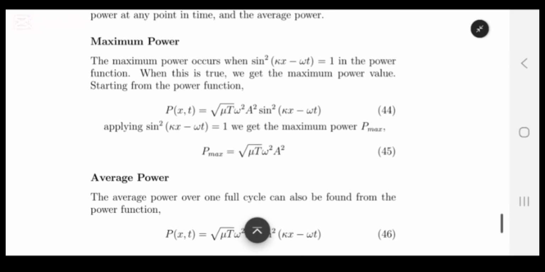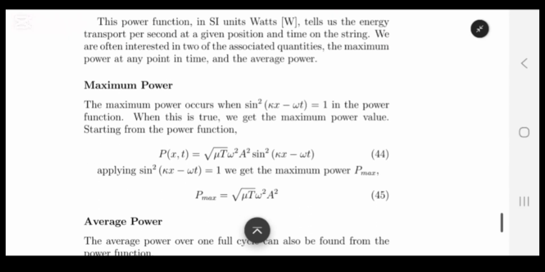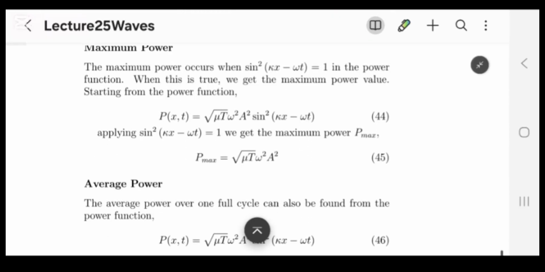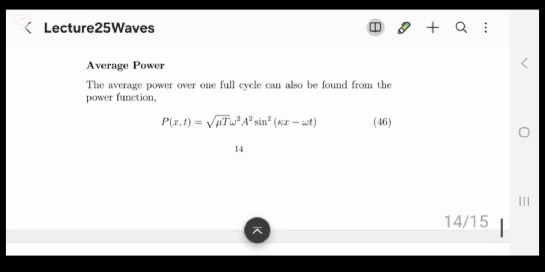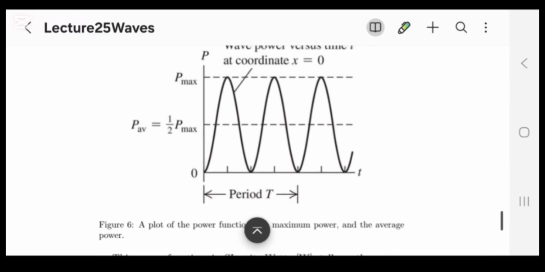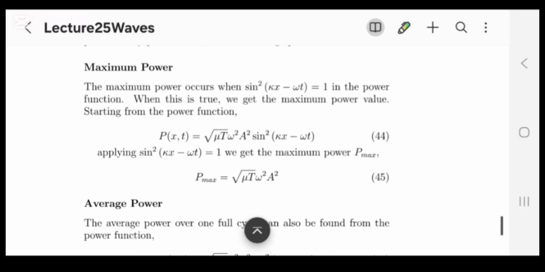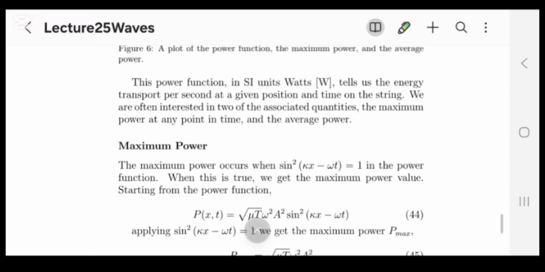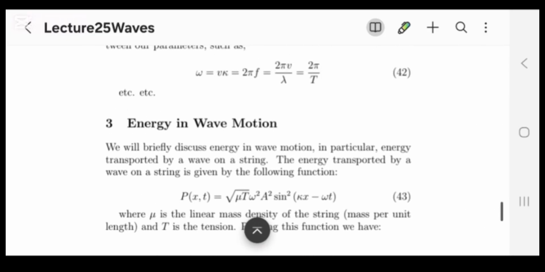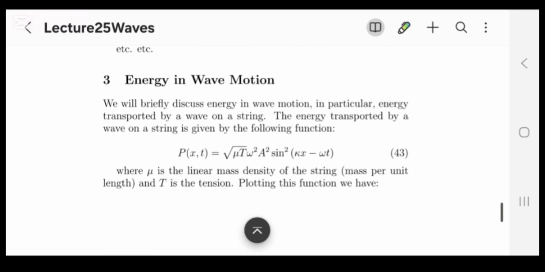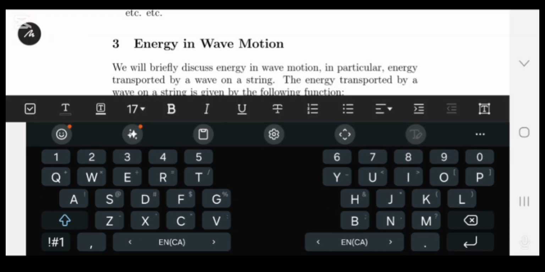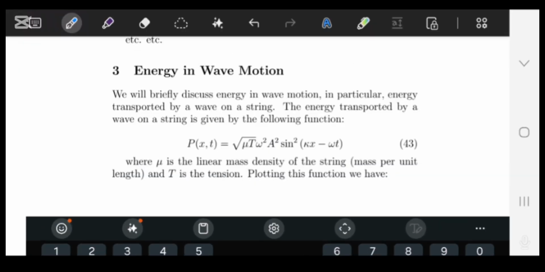If we plot power versus time here, it's a sine squared function. As our wave travels, if you pick a particular point and see how much energy is at this point in time, it's increasing and decreasing as a function of time according to our sine squared function. When the sine function is at maximum, we have maximum power. Even at minimum, this is squared here. So you have this power increasing, decreasing.